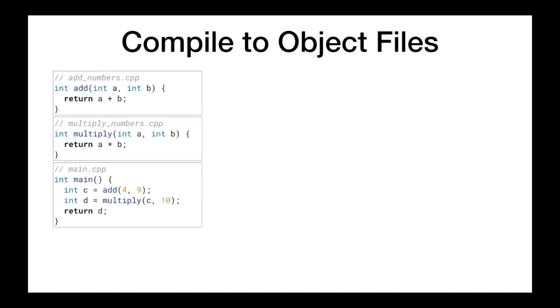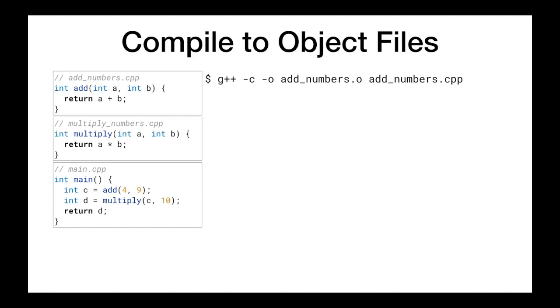If we want to make an executable out of these files, the first thing we need to do is create the objects by compiling the source files one at a time. So this is how I compile a file using the GNU C++ compiler. And no, you don't need to know how to do this just yet.